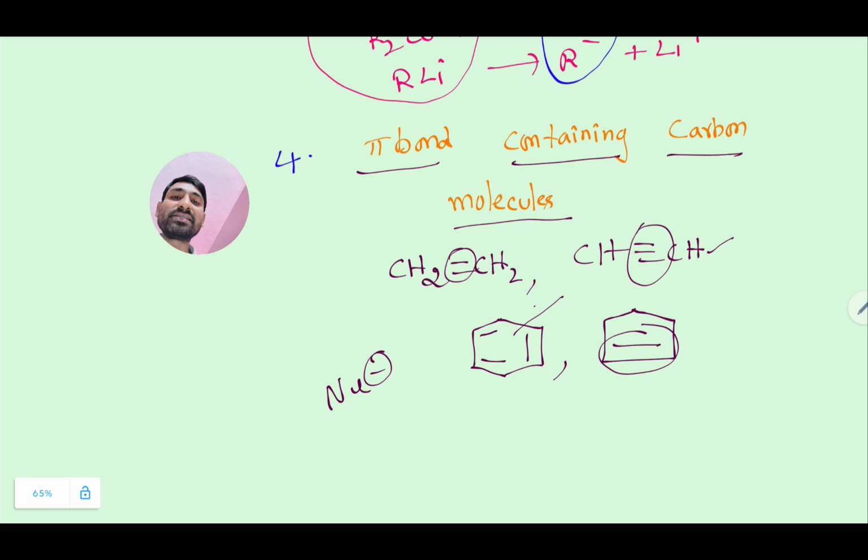In the earlier case, if the central atom has less electronegativity than the other atoms and has pi bonds, they act as electrophiles, I said. Here, hydrocarbons with a double bond or triple bond, or whatever pi bond, act as nucleophiles, guys. So like that we can identify nucleophiles.